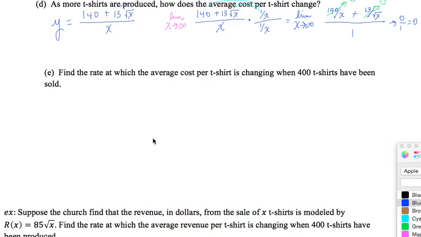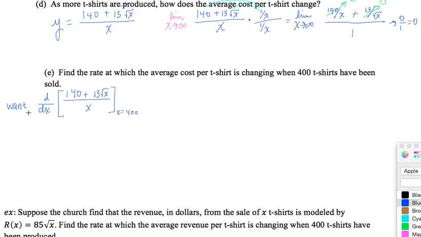What I want to find is the rate at which this is changing when x is 400. In other words, I want to find the derivative of 140 plus 13 root x all over x when x is 400.